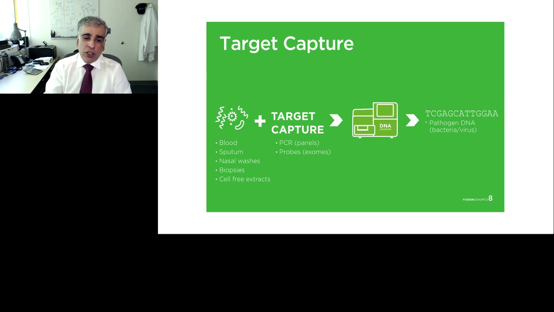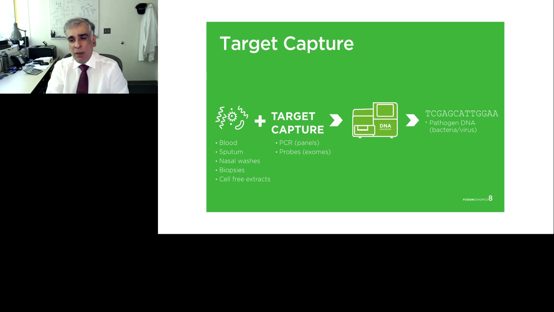Human exome sequencing is also an example of target capture. The difference is that a PCR panel is based on two PCR primers amplifying, whereas with probe-based hybridization, you make complementary DNA or closely related DNA to put into that soup, if you want to call it that, and capture the DNA or RNA of the target of interest.